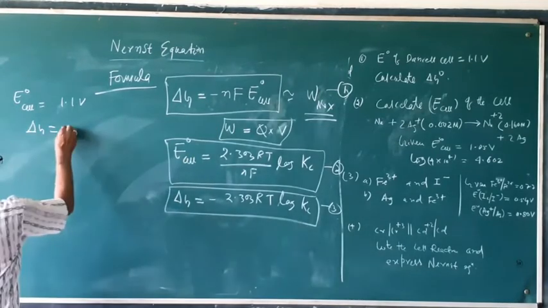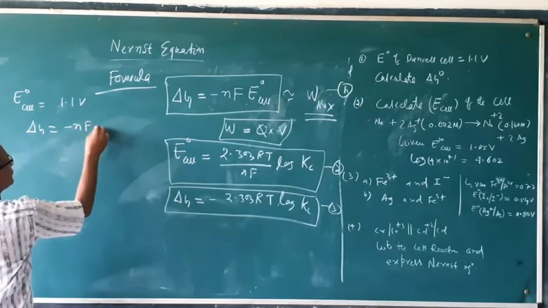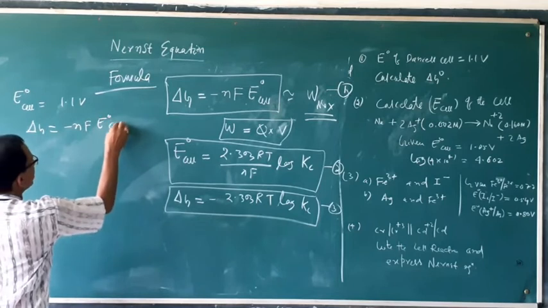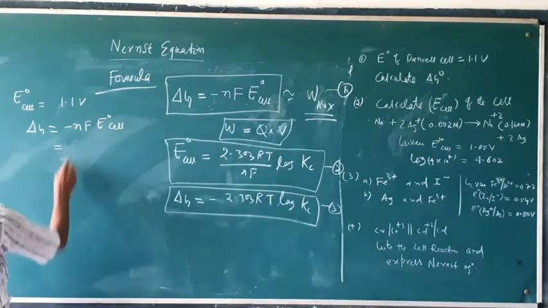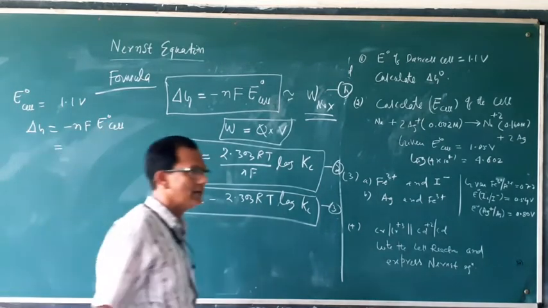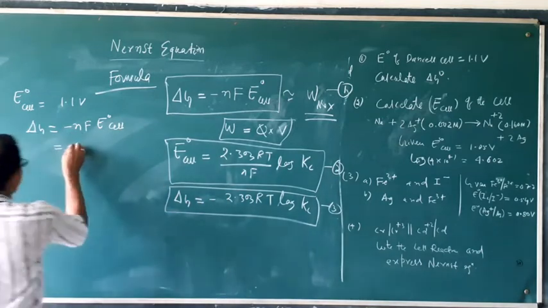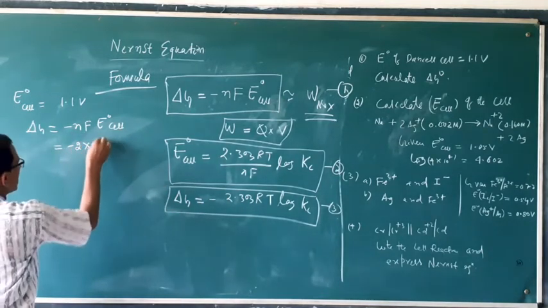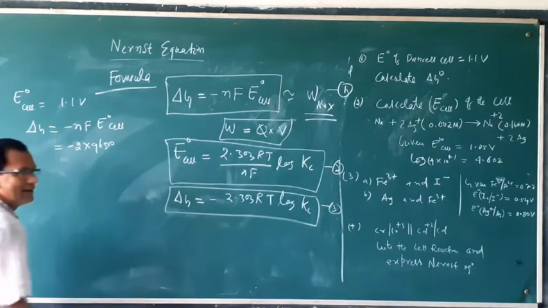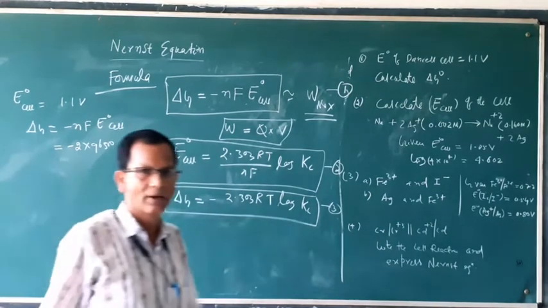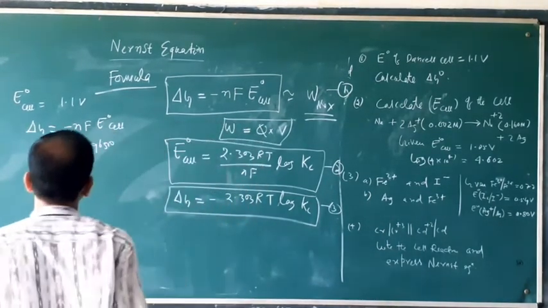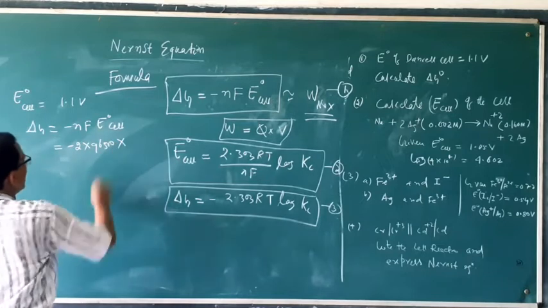Delta G is equal to minus nF into E naught cell. Here what is the value of n in the Daniel cell? The n value is 2, so minus 2. F is 96,500, into how much?